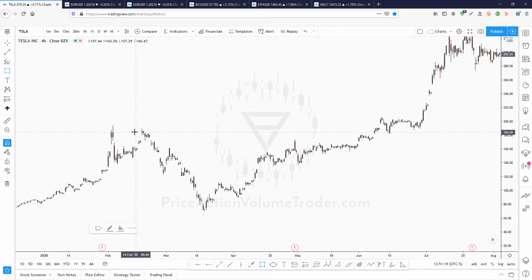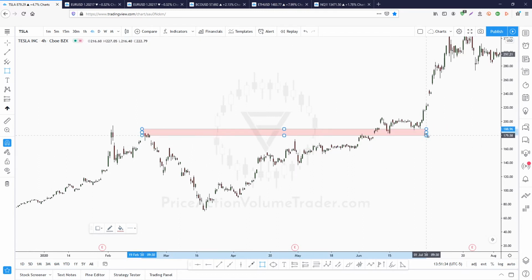We look for the area where there's been strong resistance, so we have it right here. We could even go up into this, or take this more recent area, this last rotation down.